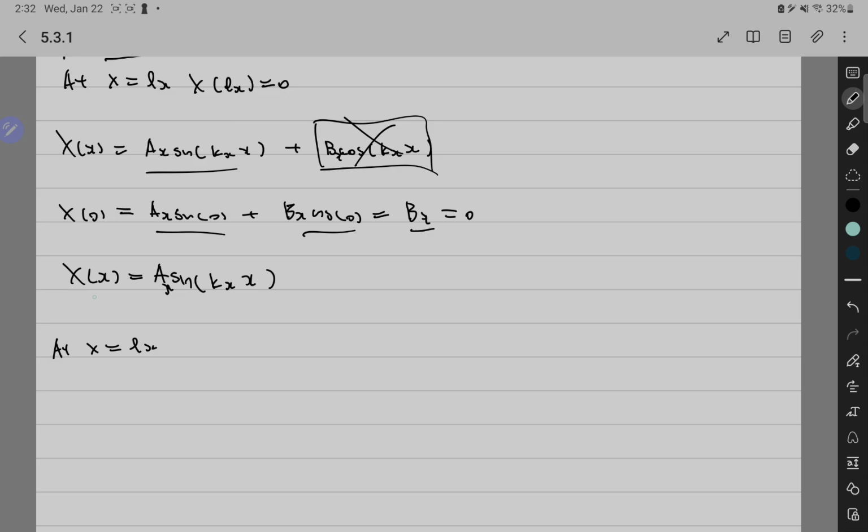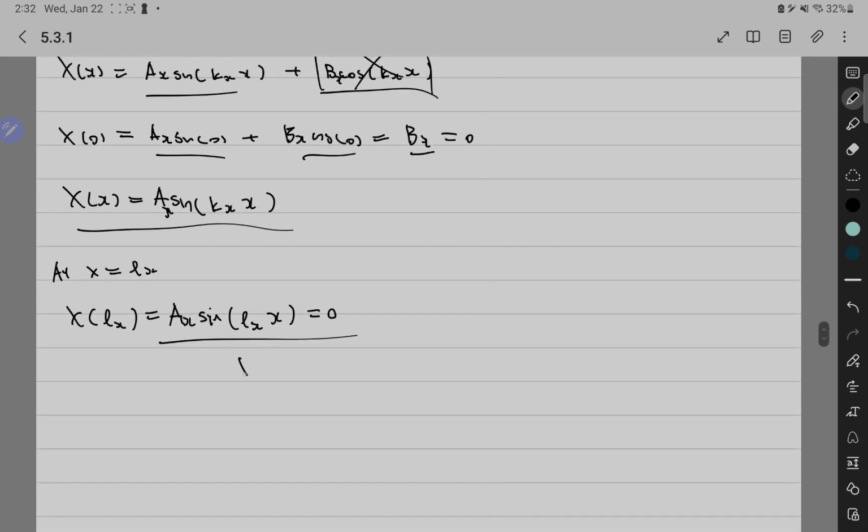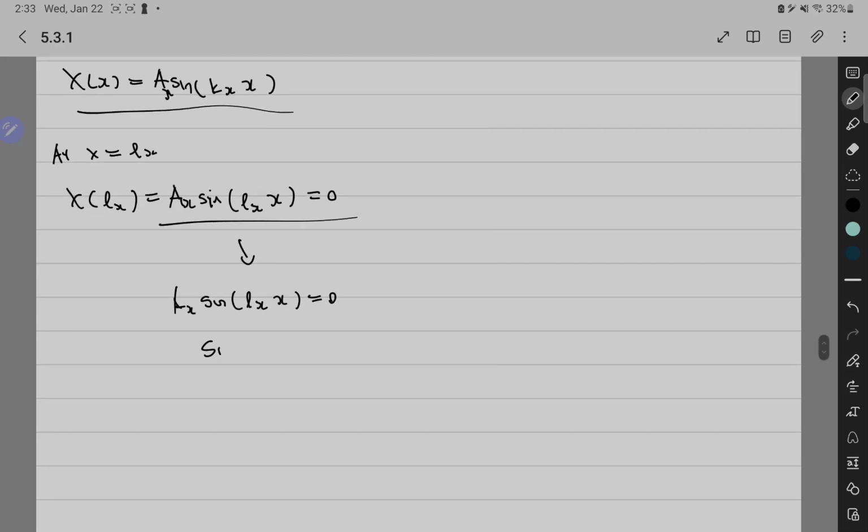At x equal to Lx, we have this equation here: X(Lx) is equal to Ax sine of kx Lx, and we know that this is equal to 0. So if we look at this equation, Ax sine kx Lx is equal to 0. This implies sine kx Lx is equal to 0.